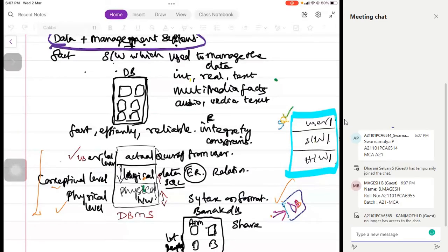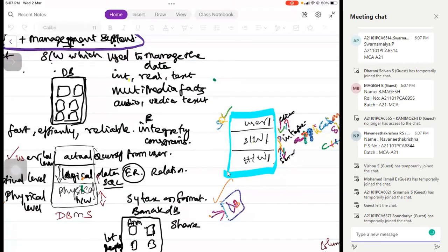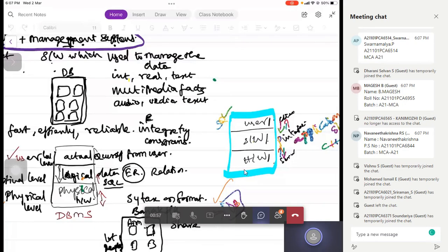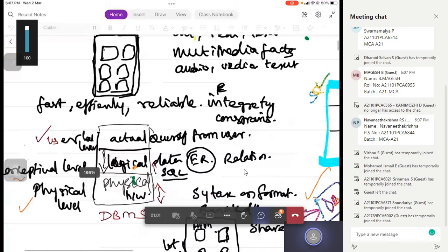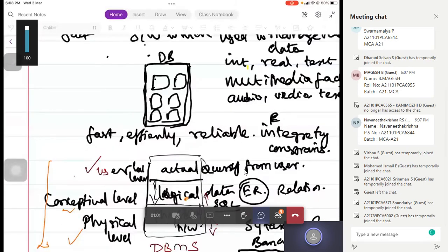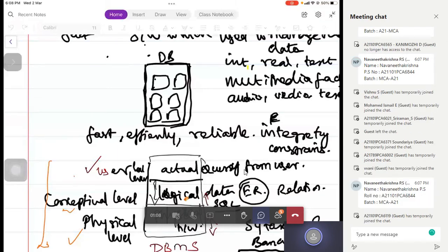Okay. So this information is stored in three different ways: the user level, the software level and the hardware level, we can say. Otherwise, generally in database management, the information is stored at the user level, conceptual level, and physical level.